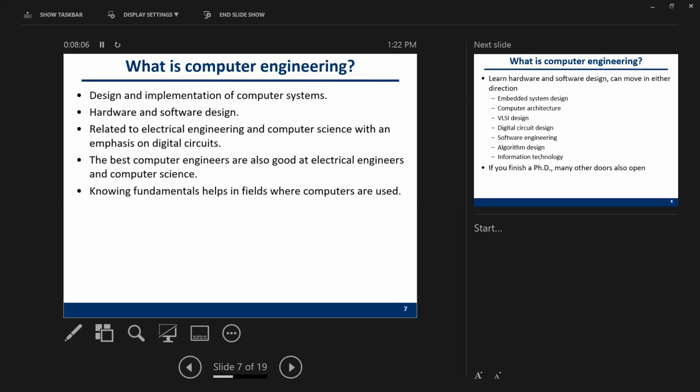So you have to understand the application, which is the computer science part, and you have to be capable of writing circuits in VHDL. That's the hardware part.